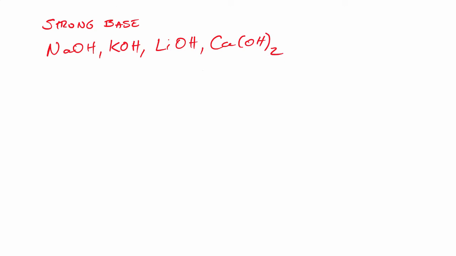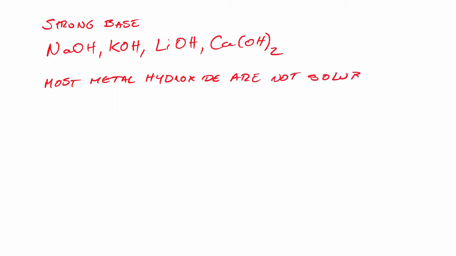But the thing is, folks, there aren't that many of these, mainly because most metal hydroxides are not soluble, so they precipitate and don't become a base. To become a base, you've got to be soluble in the solution you're in.